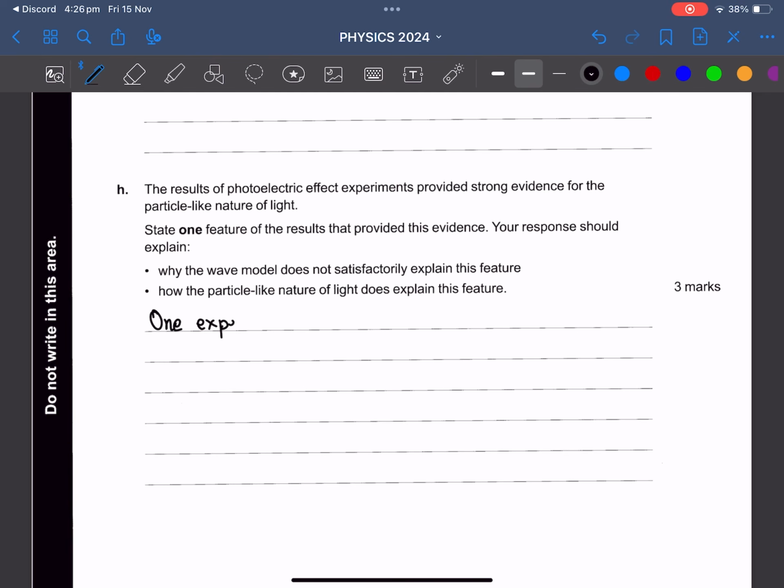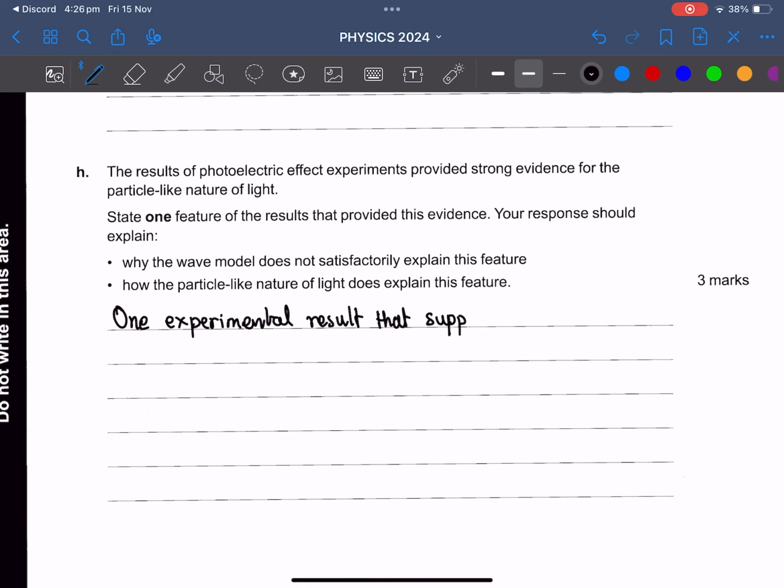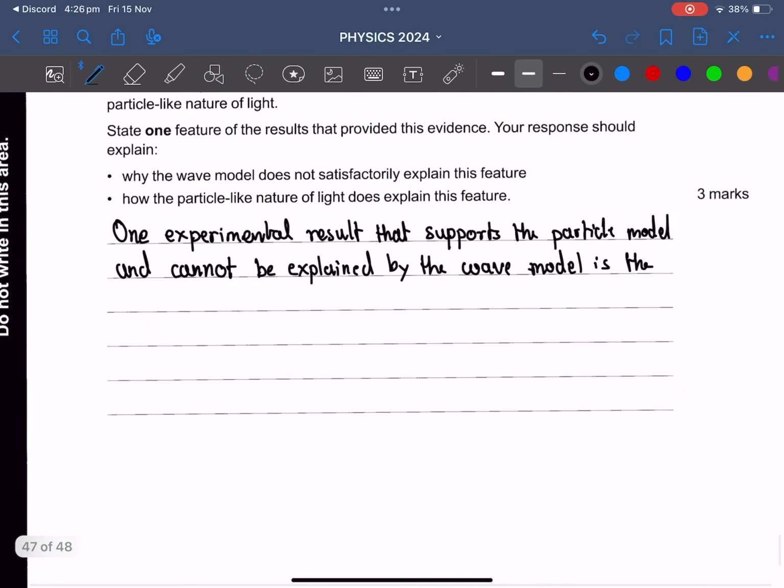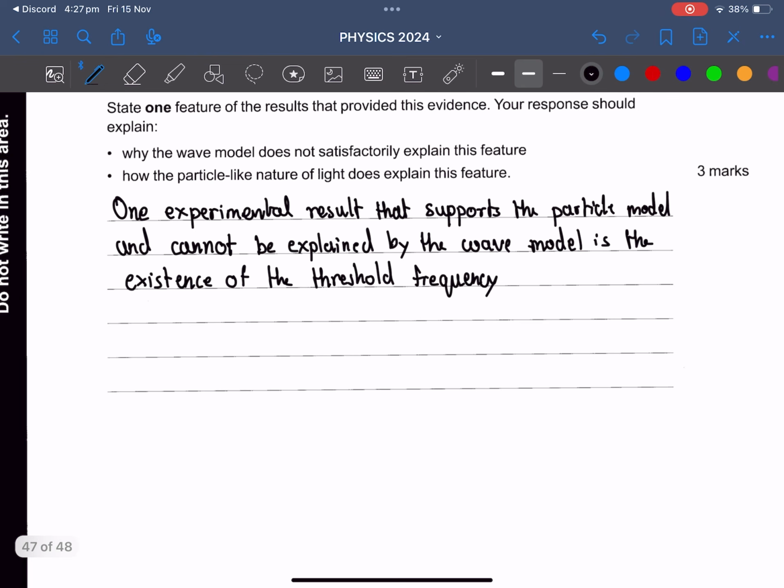One experimental result that supports the particle model and cannot be explained by the wave model is the existence of the threshold frequency for emission of photoelectrons.